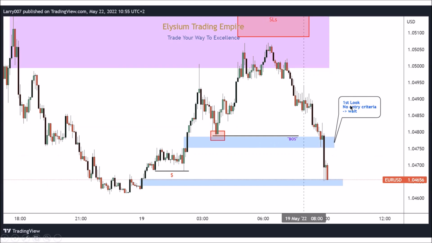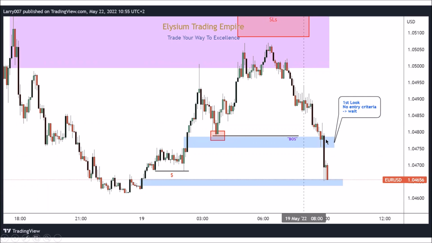However, we had no entry criteria, no shift in market structure. So I was okay, let's wait. So no FOMO, no fear of missing out. I always wait for my criteria, my parameters before entering any trades.